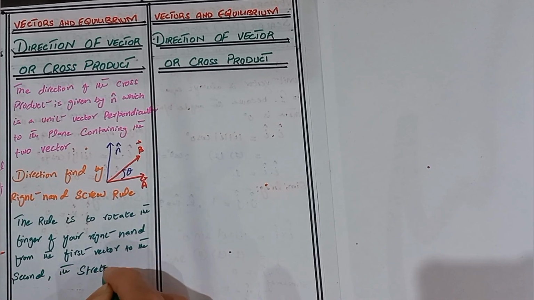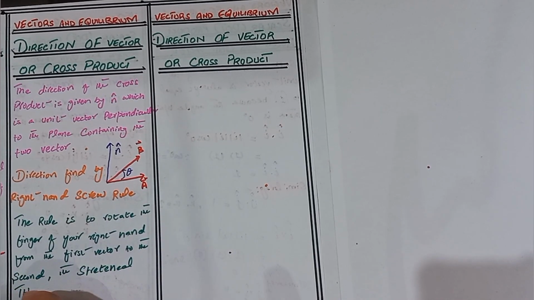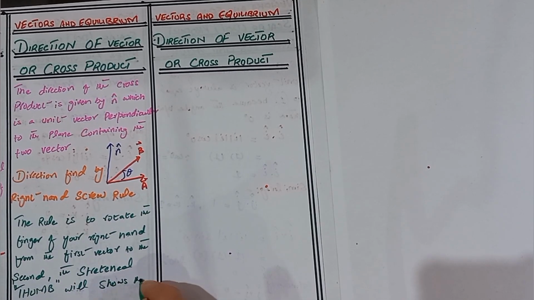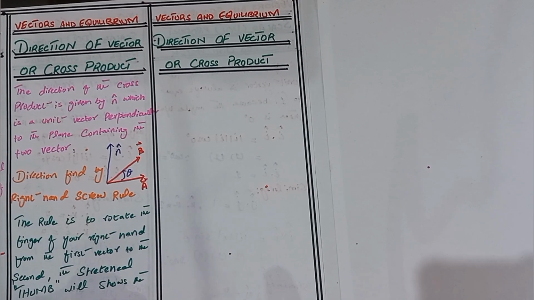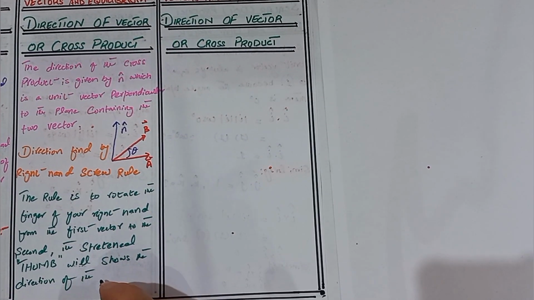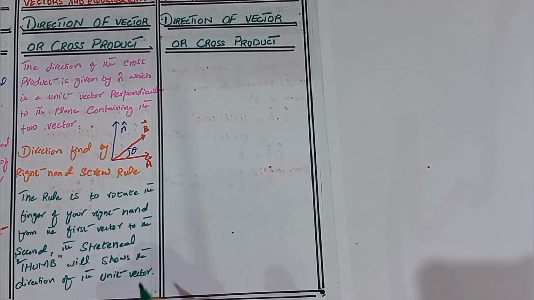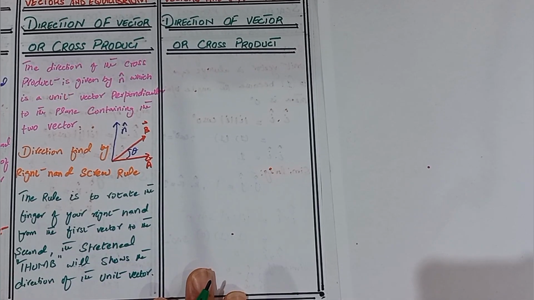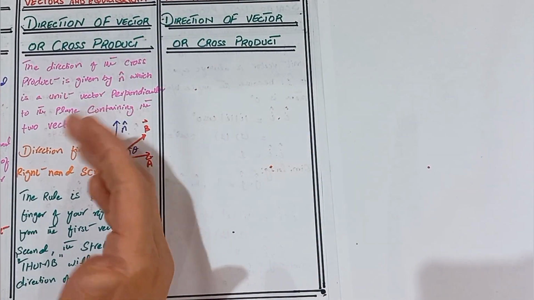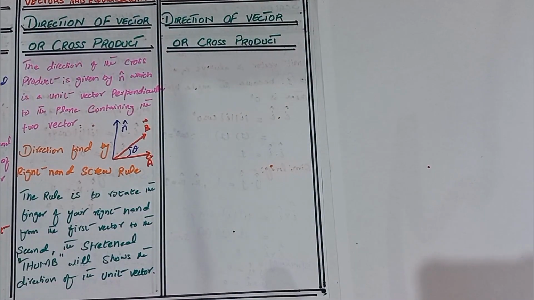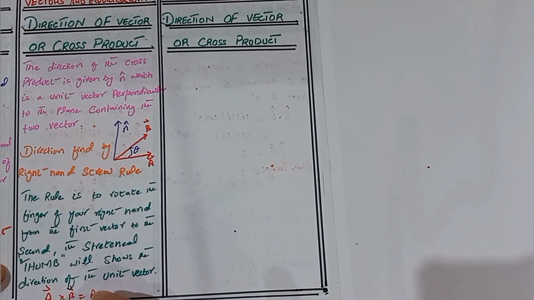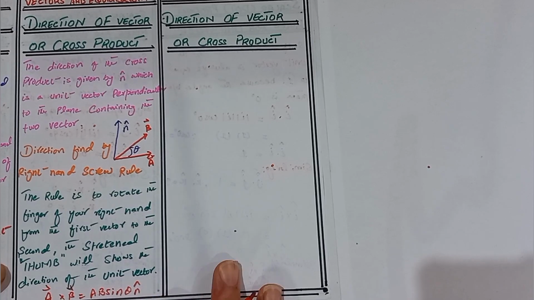The stretched thumb will show the direction of the unit vector. Here if we rotate our right hand fingers to the second vector B, then the thumb is in the upward direction. So here we write that A cross B is equal to A B sine theta and unit vector n.